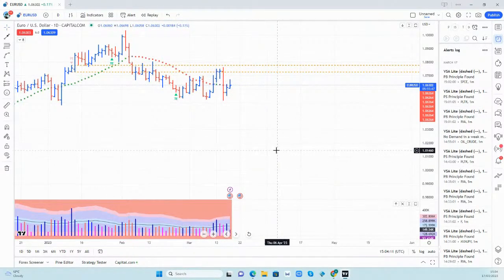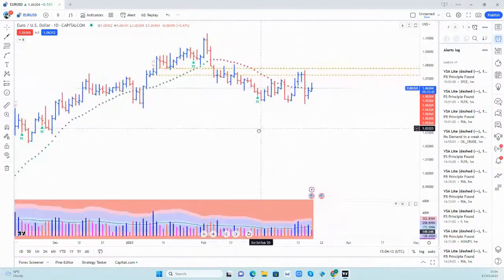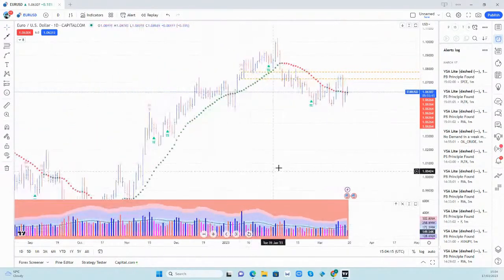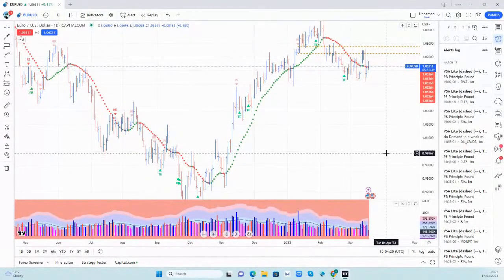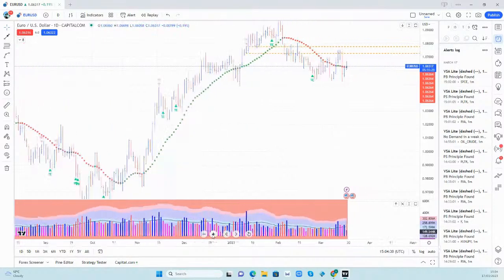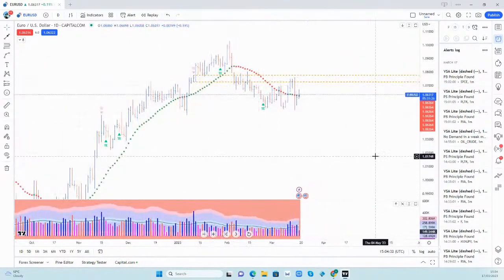As far as the daily chart is concerned, I use this chart on a daily basis on multiple instruments. What I try to do is analyze and see what's going on in this chart before I zoom in to the lower time frames.